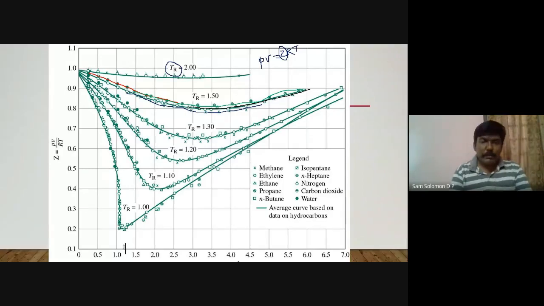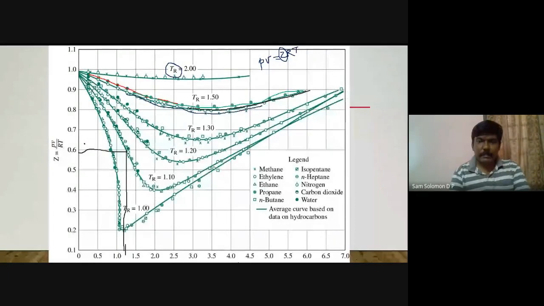From here, you can draw a straight line by taking a printout of this particular compressibility chart, and you can draw a horizontal line to the y-axis to get the value of Z. So it is somewhere close to 0.6. Reduced pressure is 1.2, TR is 1.1, and so you get the value of Z somewhere close to 0.6.